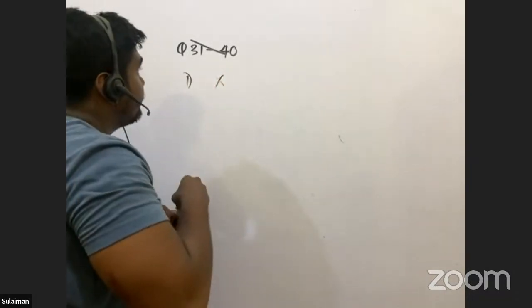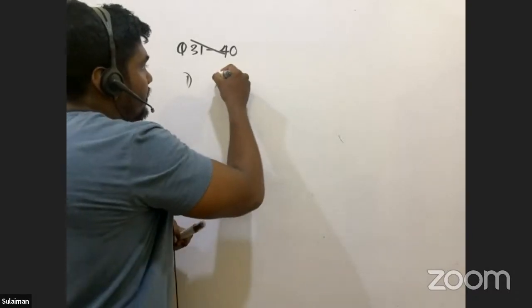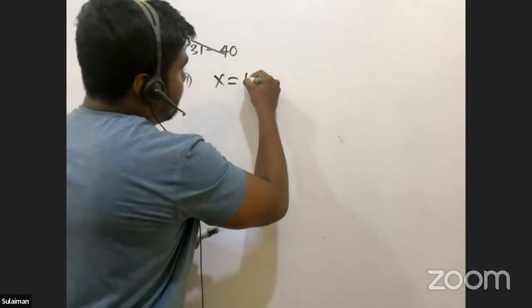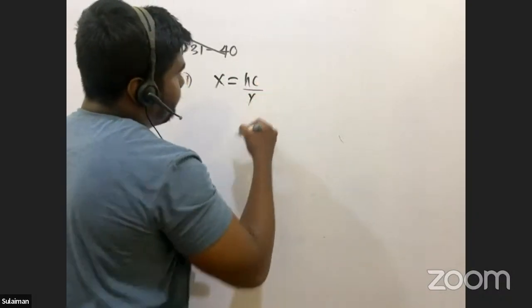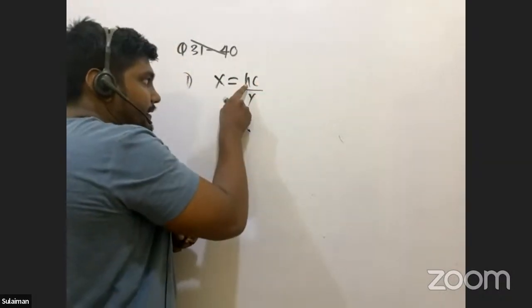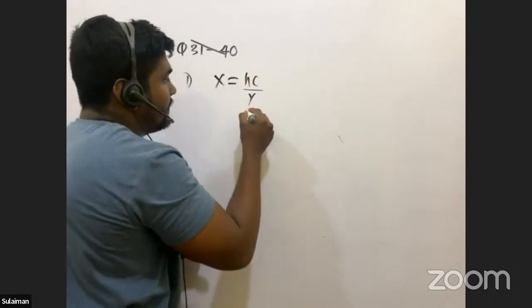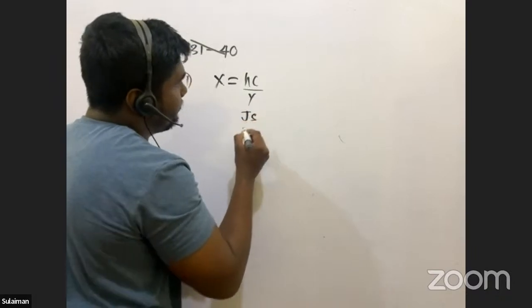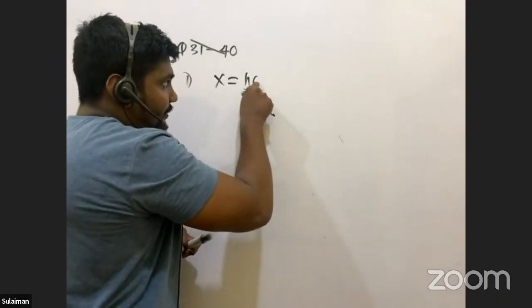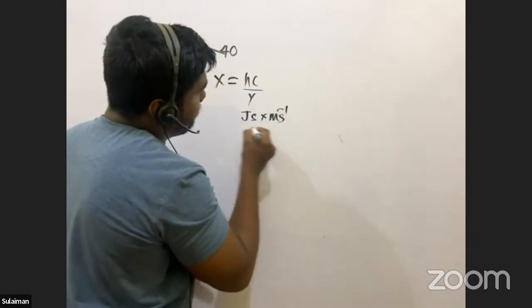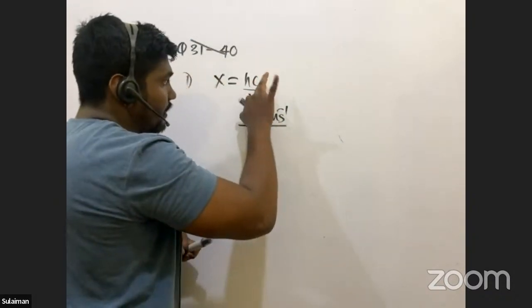Capital X equals hc over capital Y. Simple h means what? Planck constant. Unit of Planck constant is joules seconds. And unit of velocity is meters per second, ms minus 1.